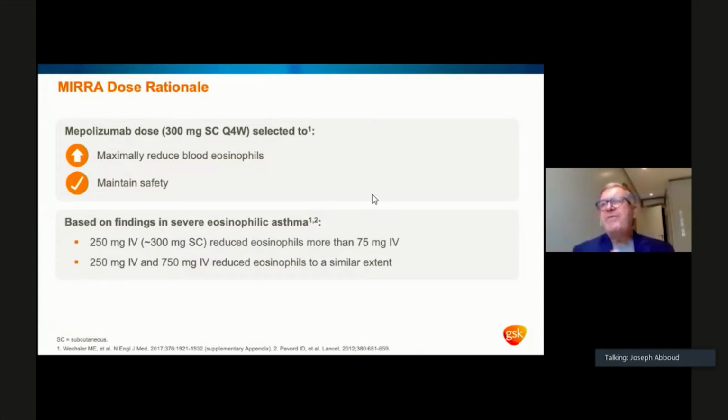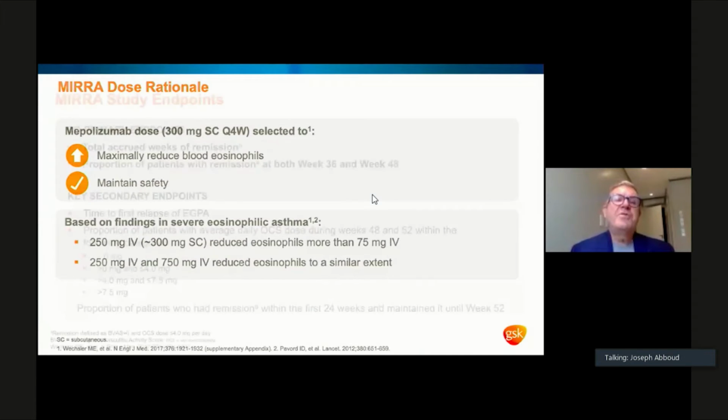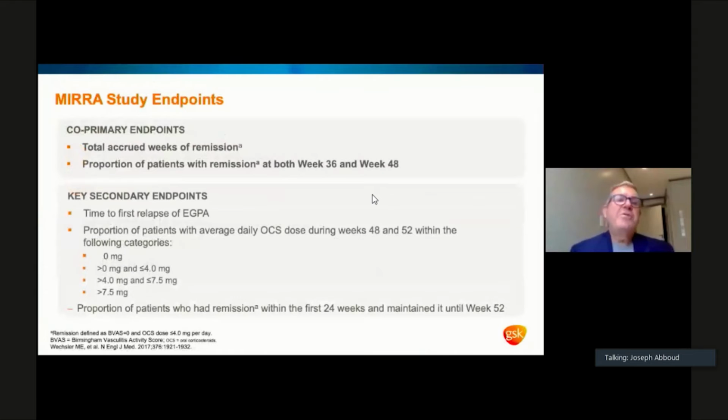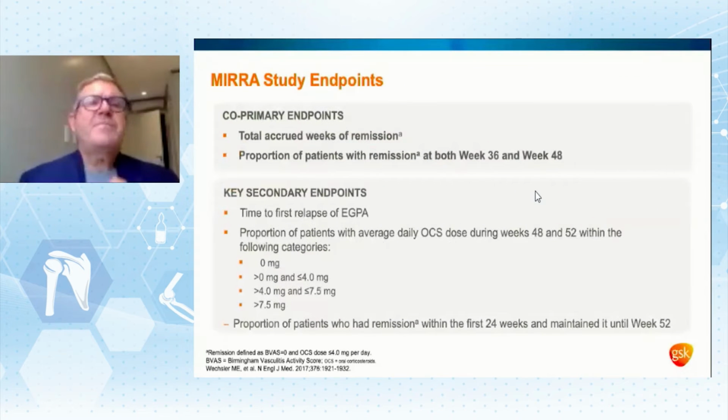However, to assess the efficacy in EGPA, a higher dose, 300 milligrams, was chosen because this dose is able to reduce the number of eosinophils by around 85% against 76% when you use 100 milligrams. So we wanted a dose with a higher percentage of reduction of eosinophils, similar to the dose of 750.